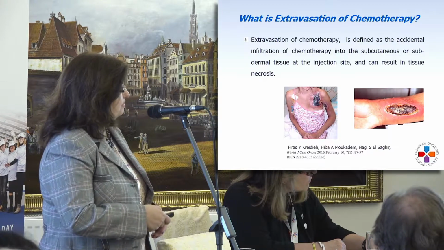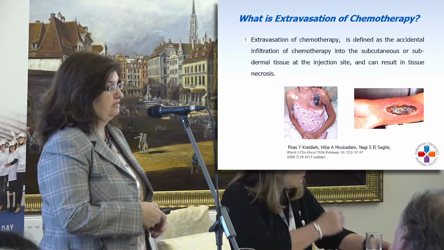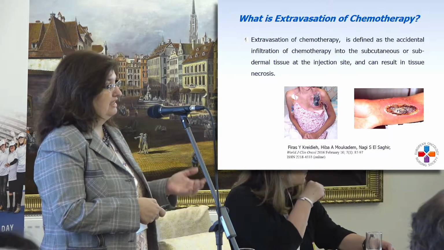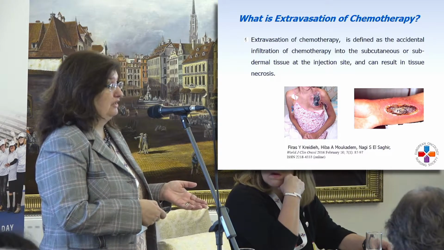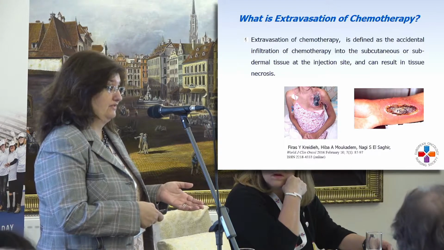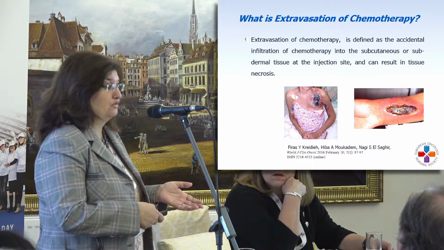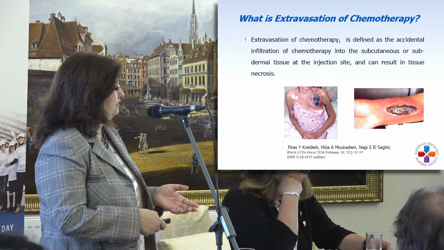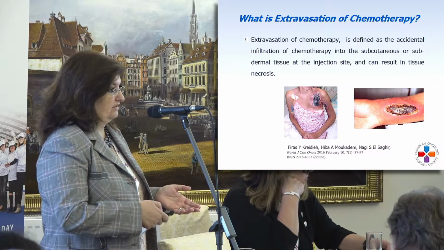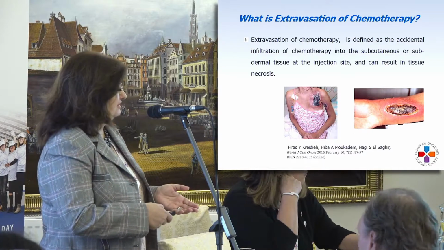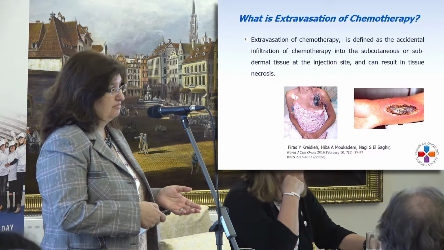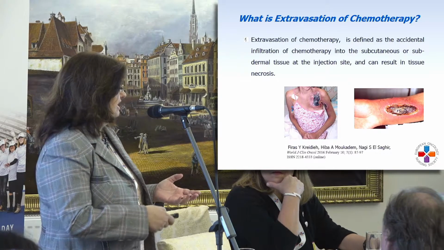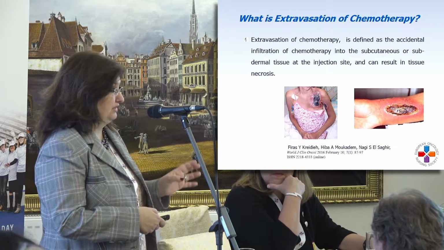And this is from a central venous catheter, because some people think that if the patient has a central venous catheter they do not have an extravasation, and that could occur also. And this one is from the peripheral venous catheter, okay? These pictures, I took them from the internet. They are not real patients, but they are very illustrative. That's why I put them here.